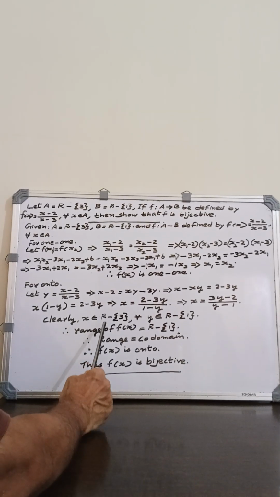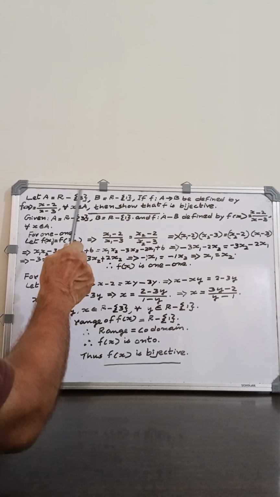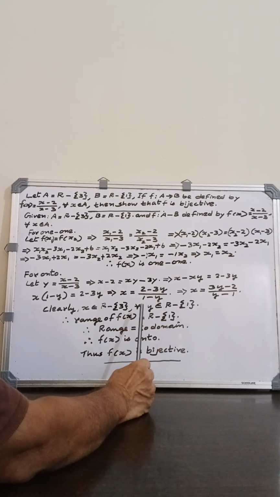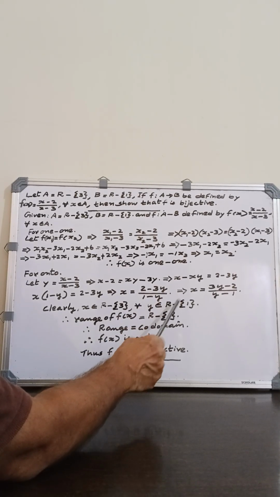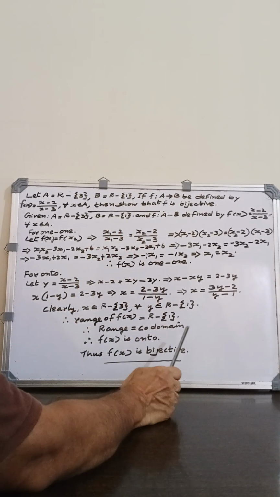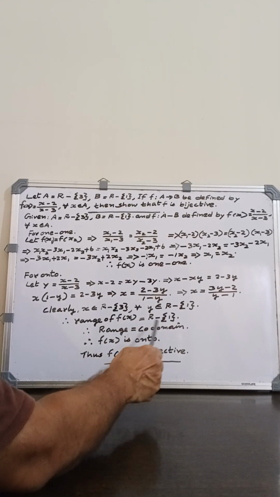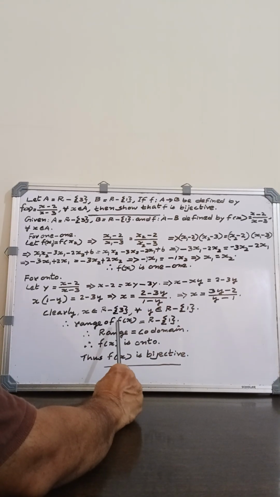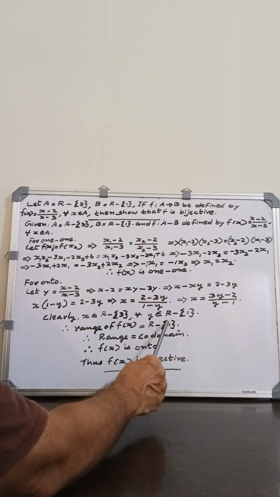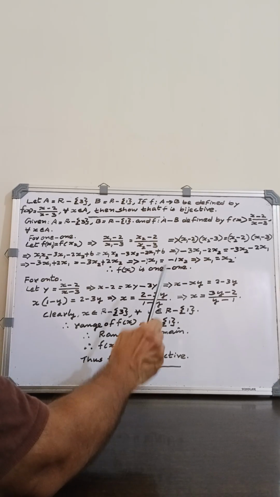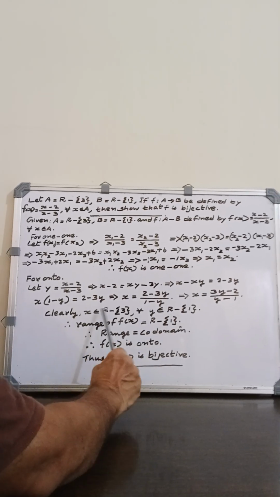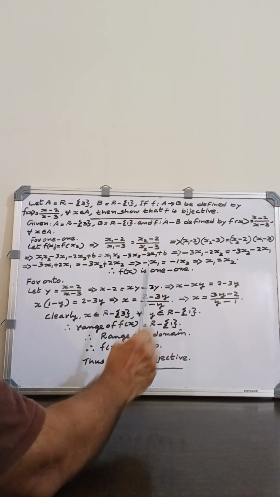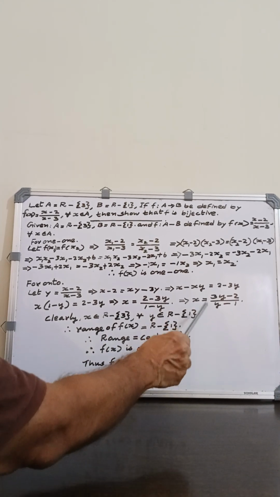Clearly, x belongs to R minus {3}. That is given here. However, y belongs to R minus {1}. Therefore, range is codomain. Why? Because range of f(x) equals R minus {1}. x belongs to R minus {3}, y belongs to R minus {1}.